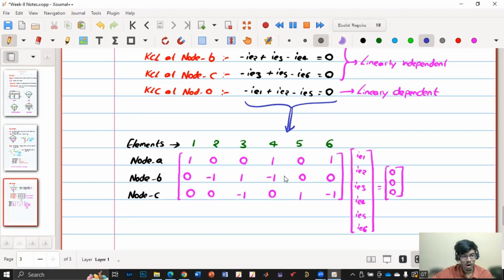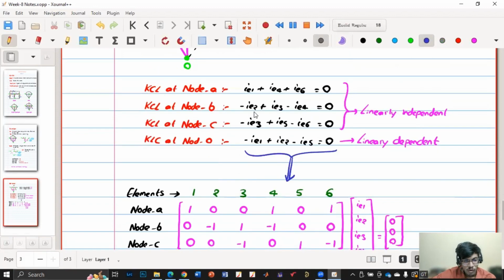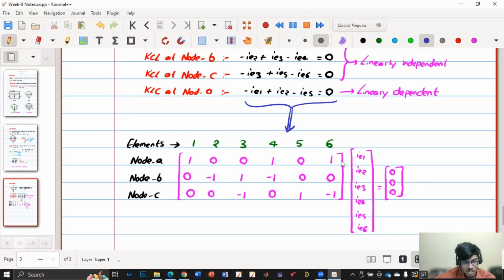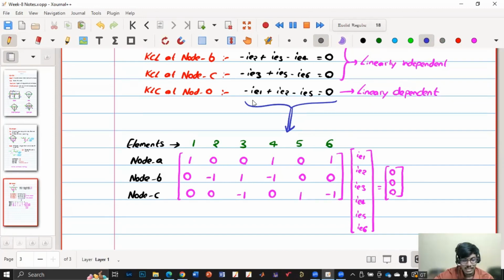Did you follow how I am writing these things? So first equation is IE1 plus IE4 plus IE6. Basically what we have done is we have written this KCL equation in the form of matrix. Did you understand how we are getting this matrix?